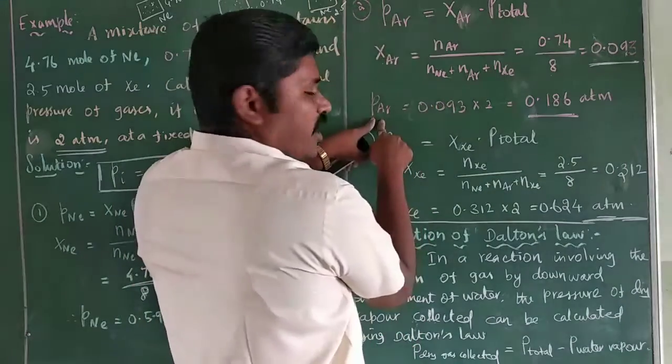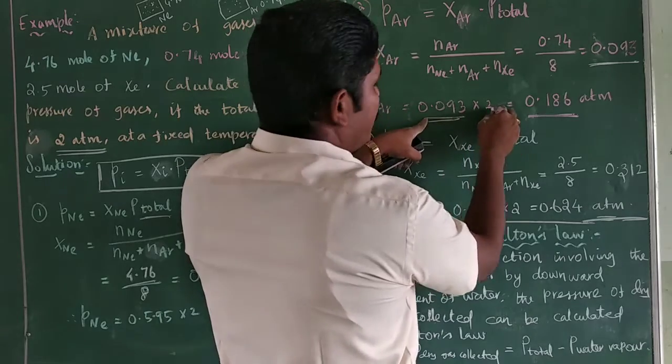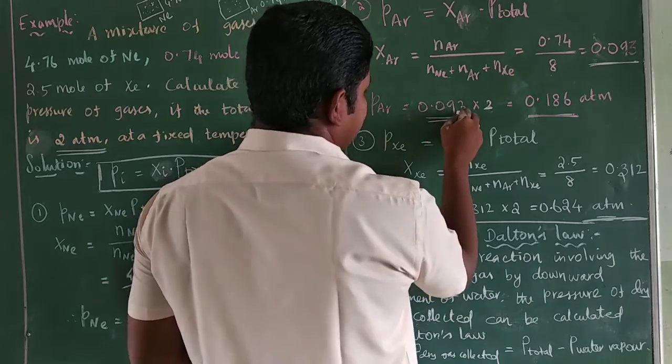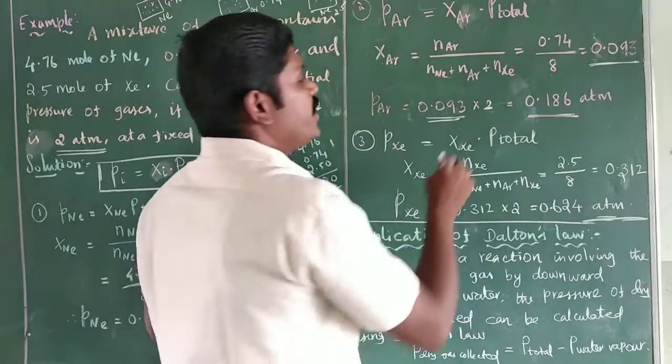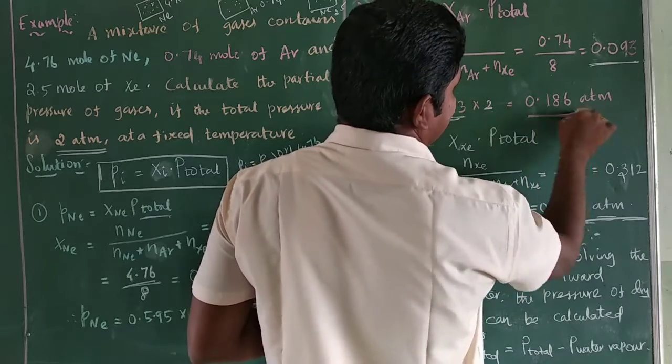So the partial pressure of argon is the mole fraction into total pressure, 0.093 into 2, which is equal to 0.186 atm.